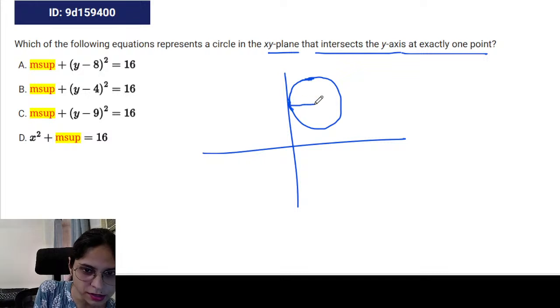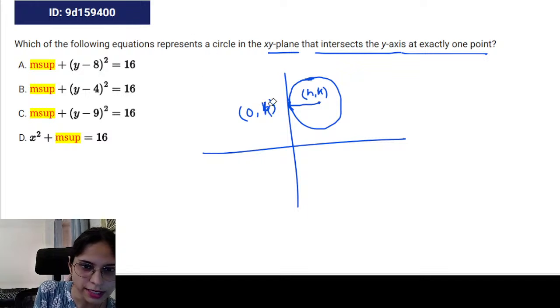For example, if the center is (h, k), then the other point is going to be (0, k).